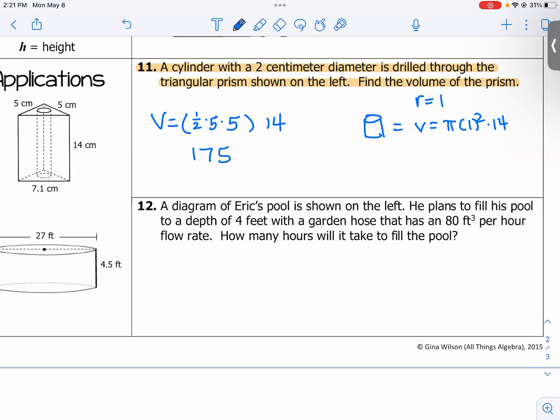So 1/2 base times height. Bryce, we're going over it right now. Okay, so 1/2 times 5 times 5, that's the area of the triangle, times 14. Is that how you got 175? Right? Then we subtract whatever this 14 pi number is. So we have the triangular prism, we subtract out the cylinder, and we are left with 131 cubic centimeters.